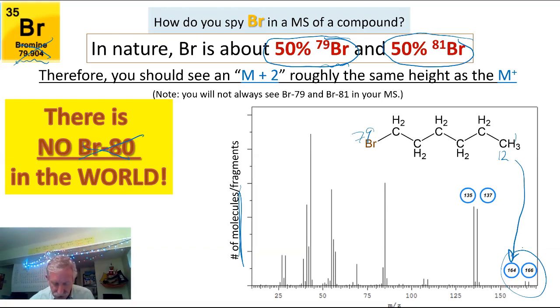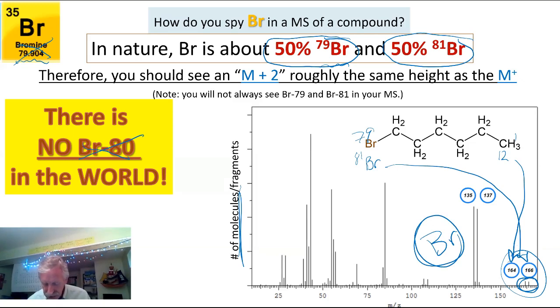But then I do the math again with Br81, and you should notice that Br81 will give you 166, of course, 2 mass units heavier. So you get these cool little twin peaks, 2 mass units apart of equal height for your molecular weight, and it is a big screaming sign that this is a brominated compound.